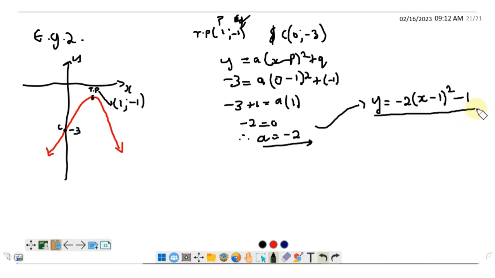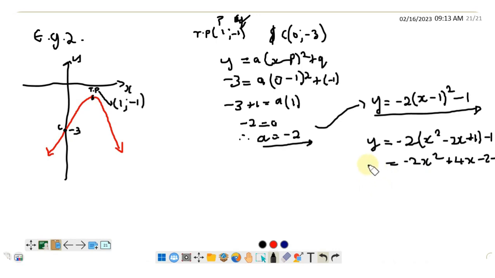If they want you to simplify or expand, you just expand that: minus 2 into x squared minus 2x plus 1, all minus 1. Multiply everything by negative 2, and it becomes negative 2x squared plus 4x minus 2.